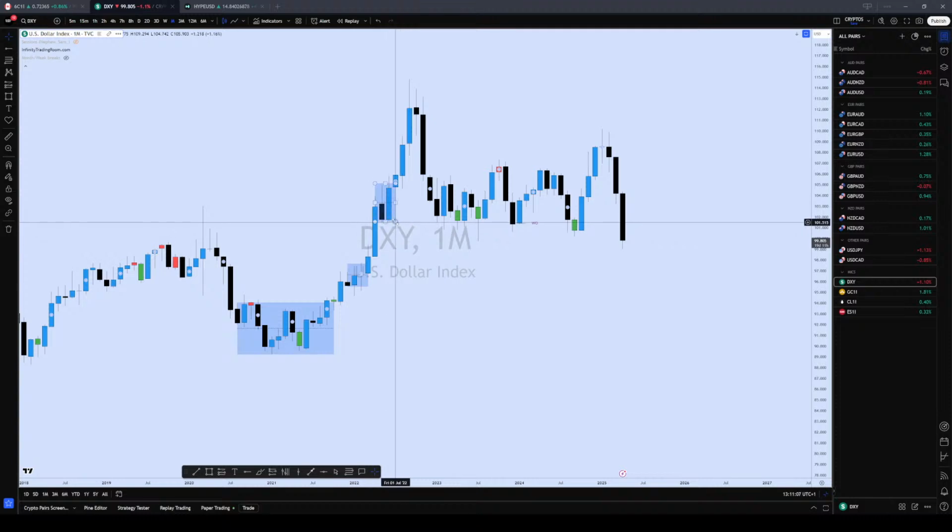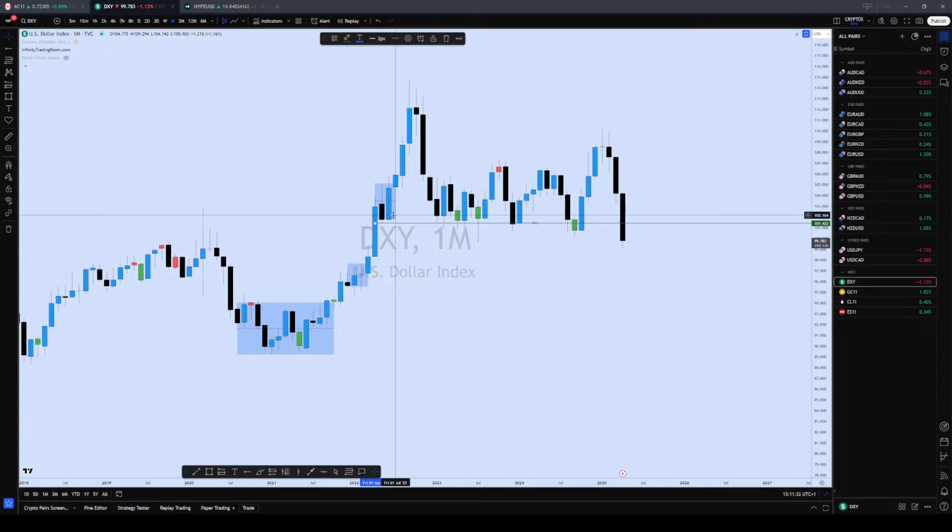So once we went below this low, I'm going back to show you why I was seeing what I was seeing. Once we went below that here, this candle, the moment it closed below that, price was gonna come here.